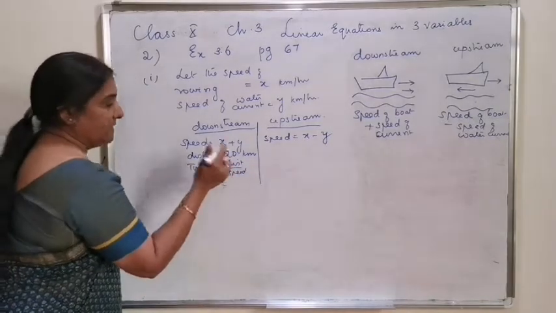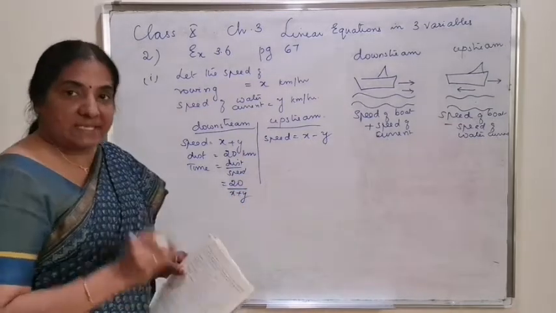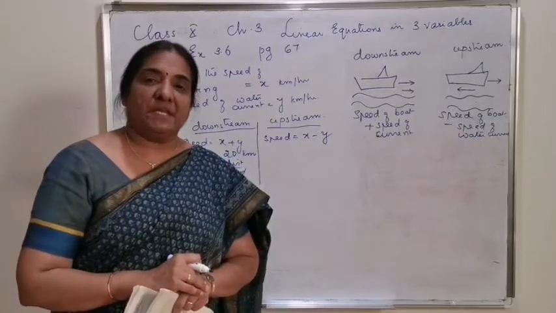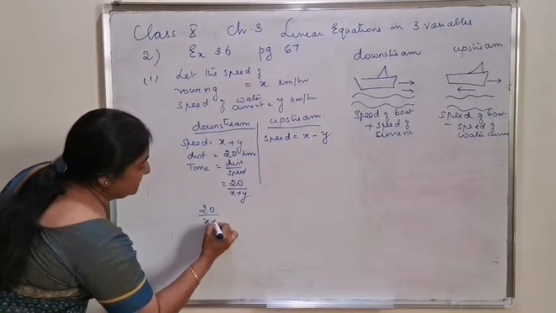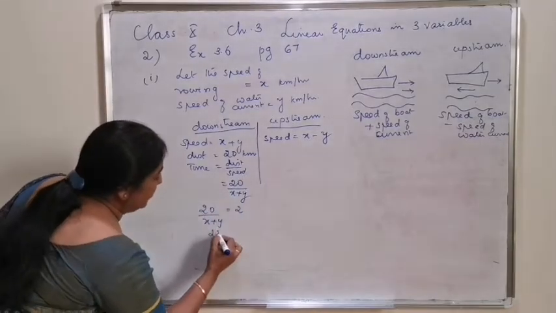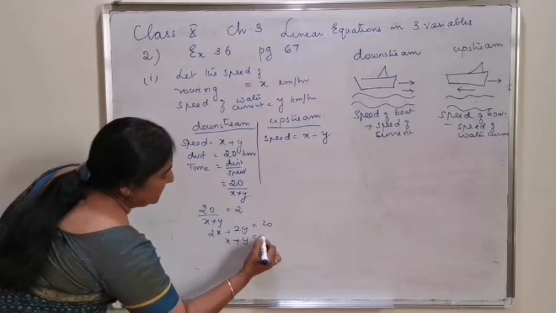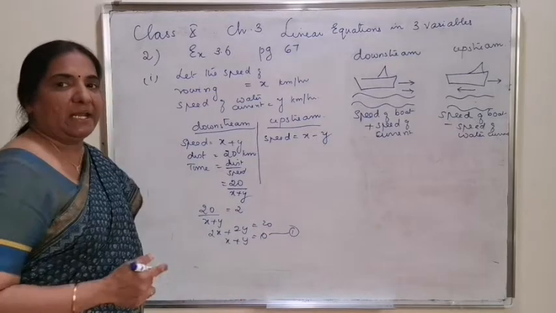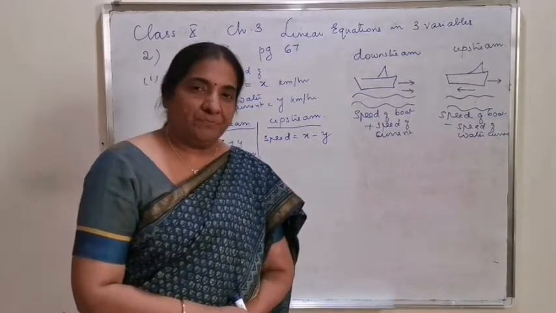That is, 20 by x plus y. It is given that this time is 2 hours. That is, 20 by x plus y is equal to 2. When you cross multiply, 2x plus 2y is equal to 20, or x plus y is equal to 10, because all the terms are divisible by 2.